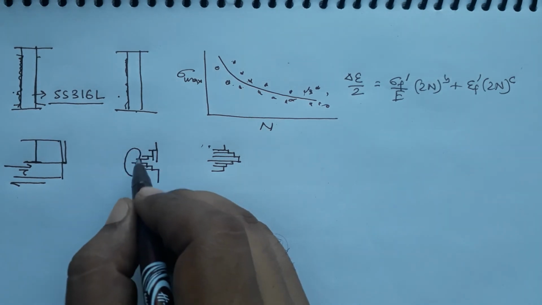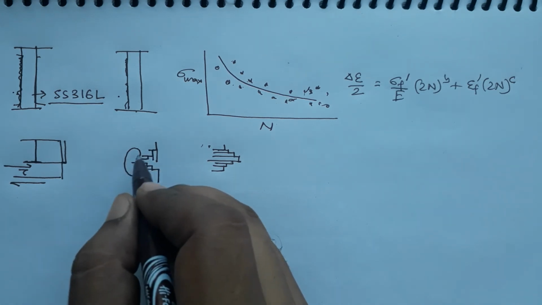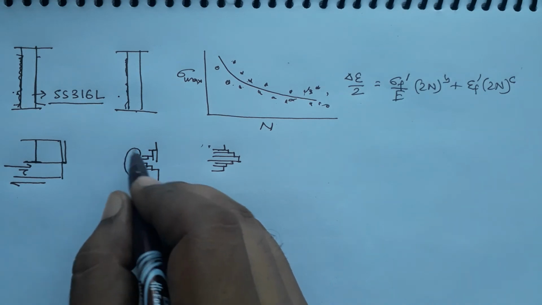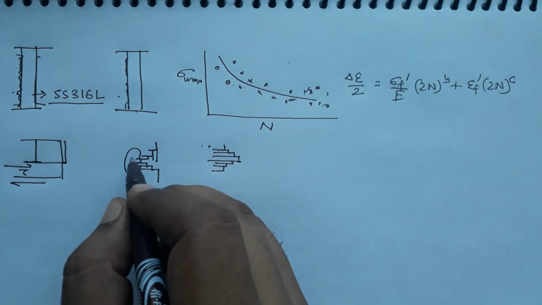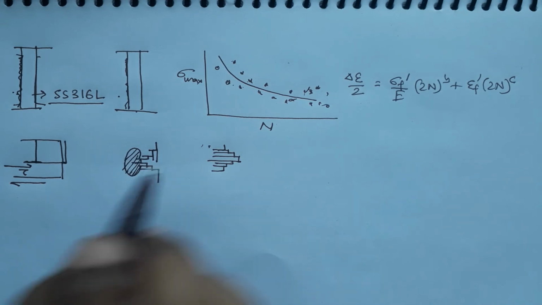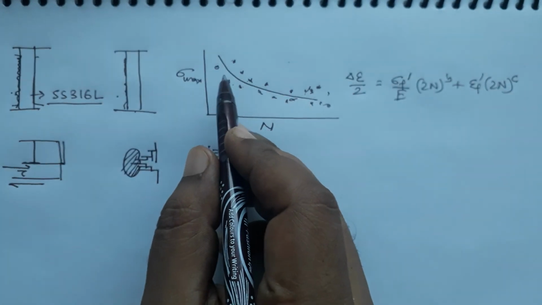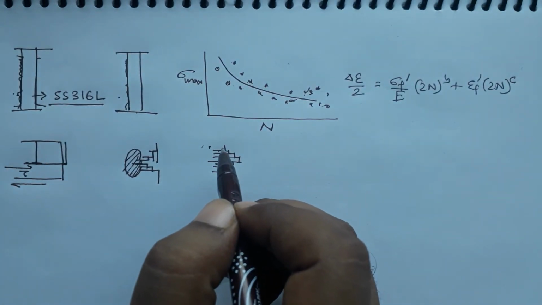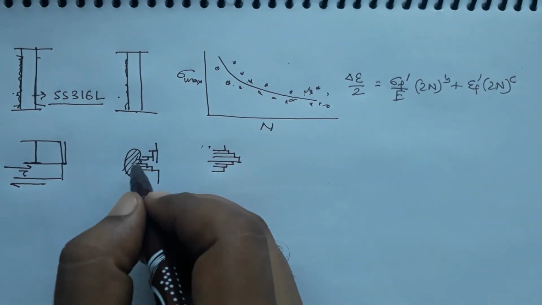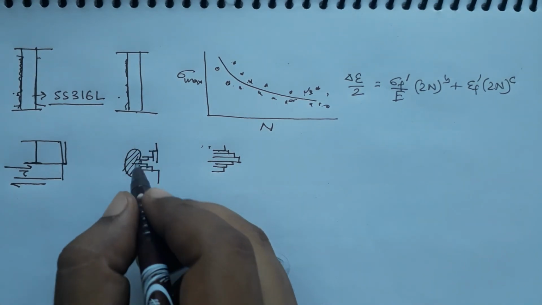We have studied in fracture mechanics that if you have a sharp crack tip, the stress will increase at the tip of that crack. So, you will have a plastic zone here, and therefore you can realize that even though the stresses are smaller than the yield strength, locally you can have plastic deformation.